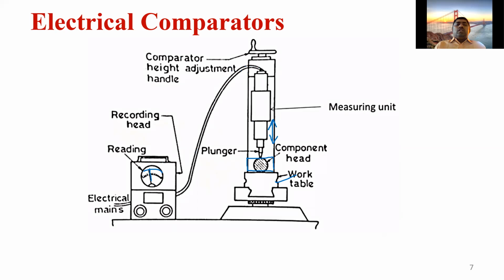Here an adjustment handle is provided to adjust the height of the plunger and the table. Depending on the geometry and size of the workpiece, we can change the position of the measuring unit by adjusting the comparator height.